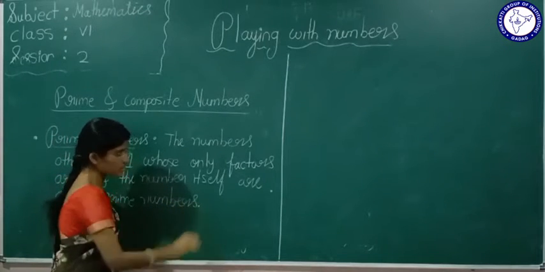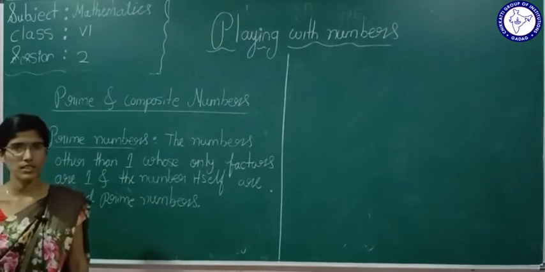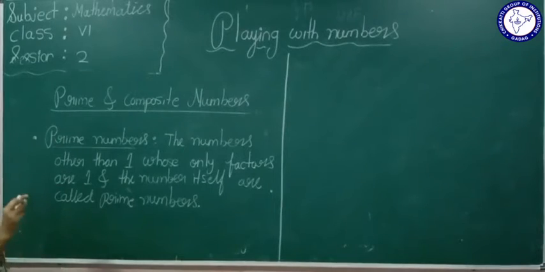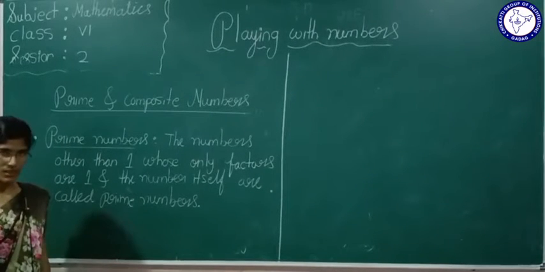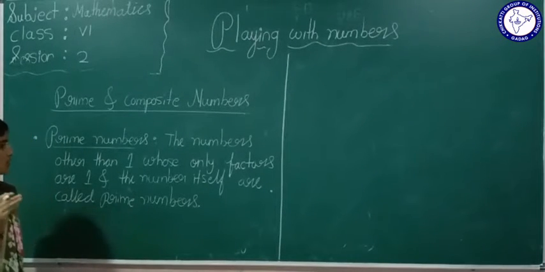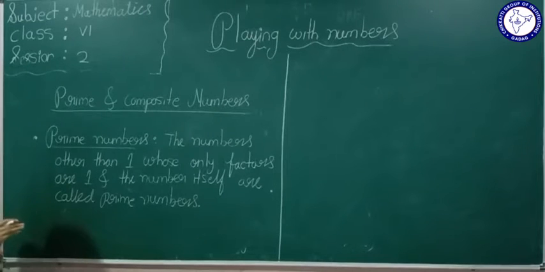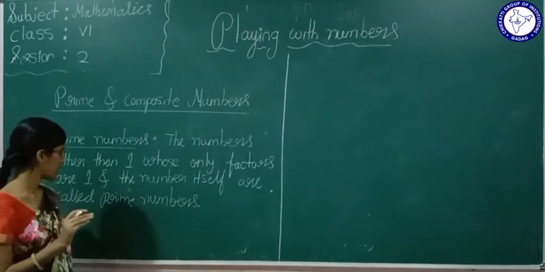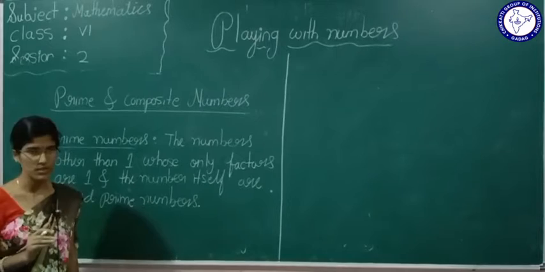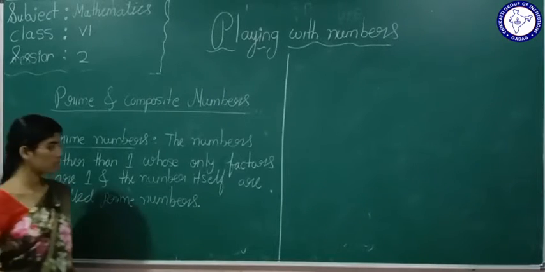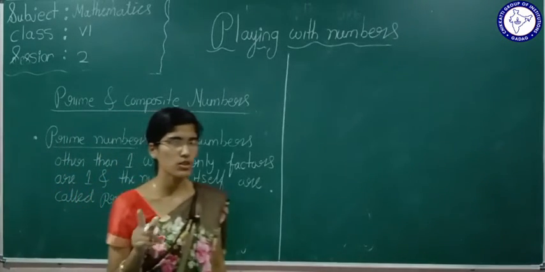So just read this definition, you will understand it. The numbers other than 1, leaving the number 1, whose only factors are 1 and the number itself, are called prime numbers. See here, to know these prime numbers, you should know the meaning of factor.